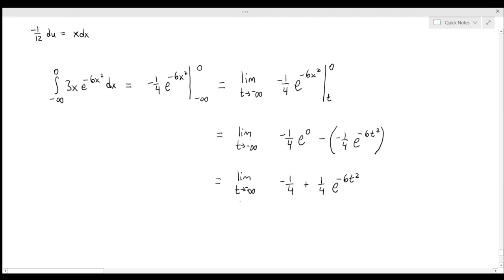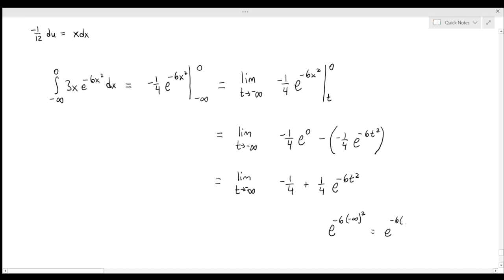Okay, so finally, we want to evaluate the limit as t is approaching negative infinity. Okay, so if we were to imagine plugging in negative infinity for t, since we're squaring it, it's going to become positive infinity.